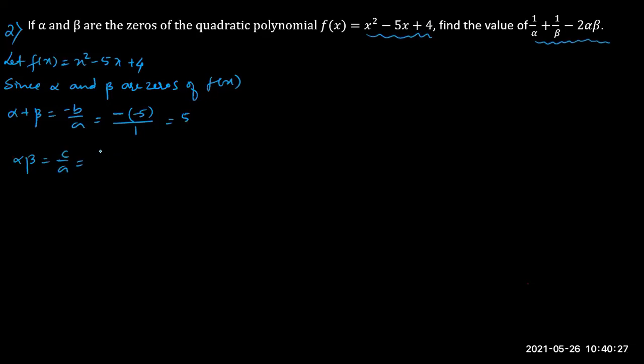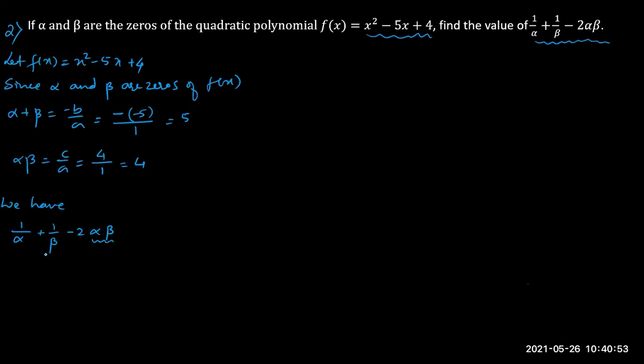In the given example, c is 4 and a is 1, so this is only 4. So now the expression we have is 1 by alpha plus 1 by beta minus 2 alpha beta.